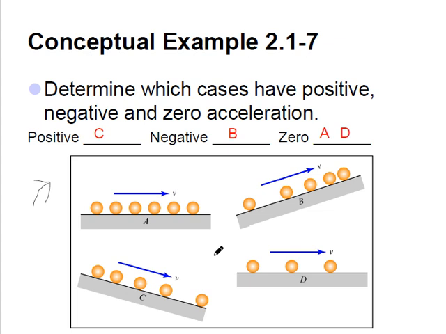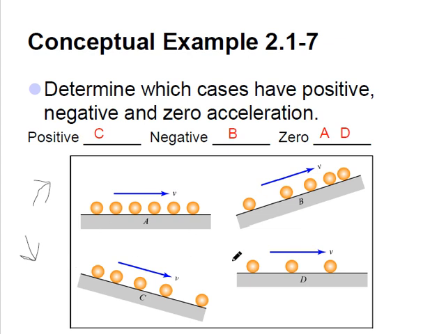Negative acceleration, which we're trying to find, is where your velocity is decreasing, meaning slowing down. 0 means your velocity stays constant, there's no speeding up or slowing down.